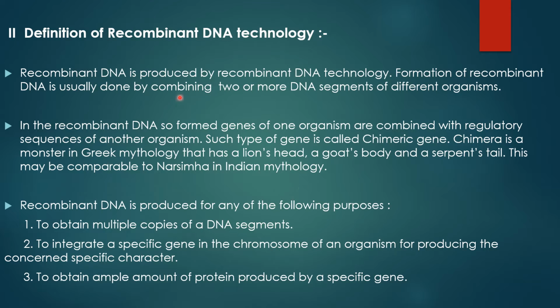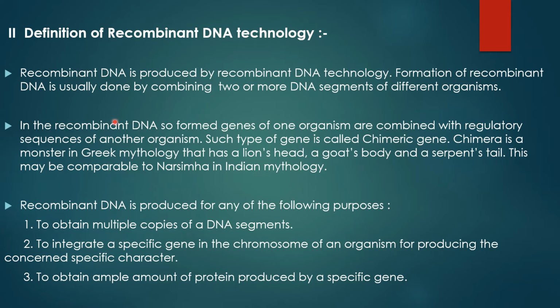Definition of recombinant DNA technology. Recombinant DNA is produced by recombinant DNA technology. Formation of recombinant DNA is usually done by combining two or more DNA segments of different organisms.